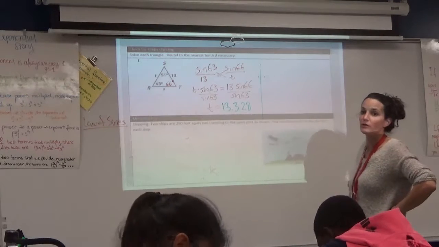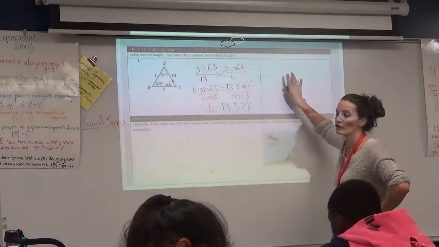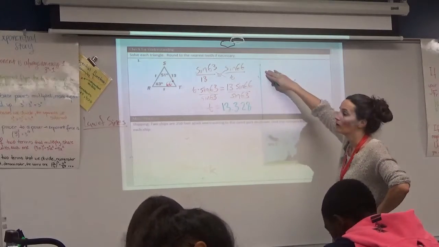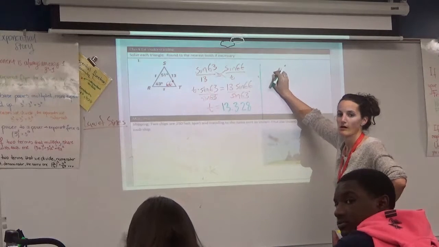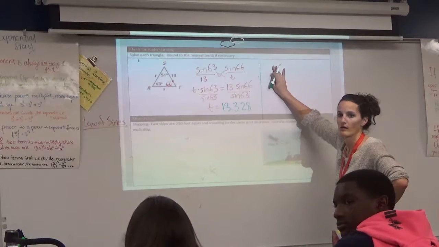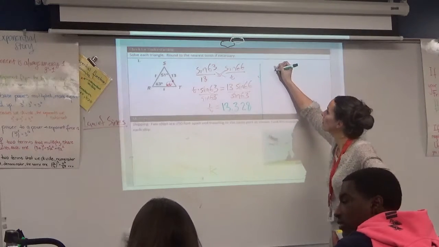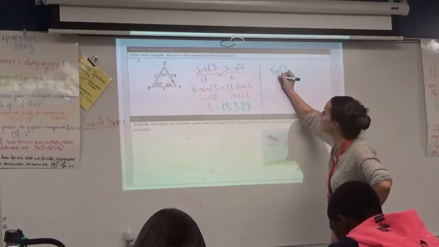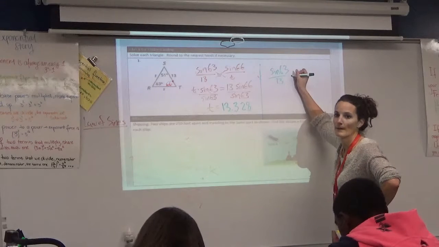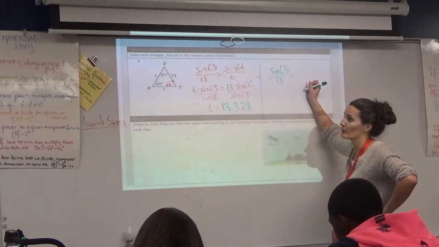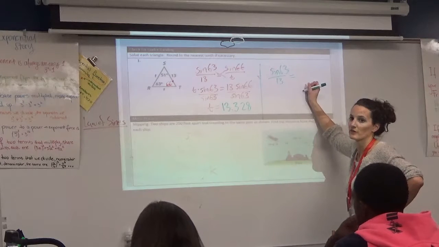Ryan, can you tell me what ratio you used for S? Cool. Equals, and then if we want to find S, which angle do we have to use?